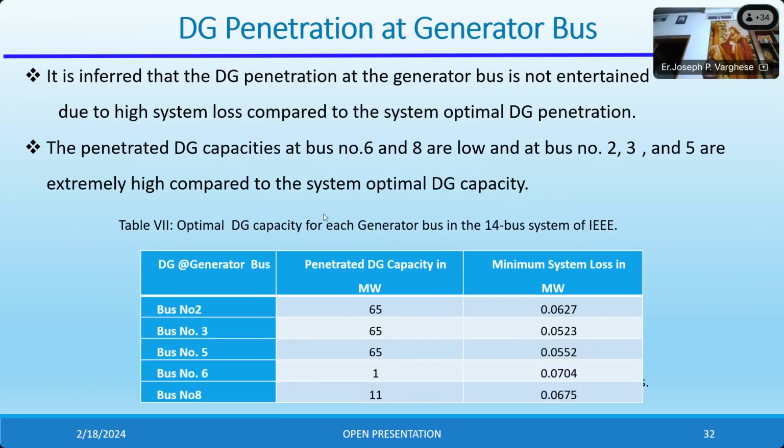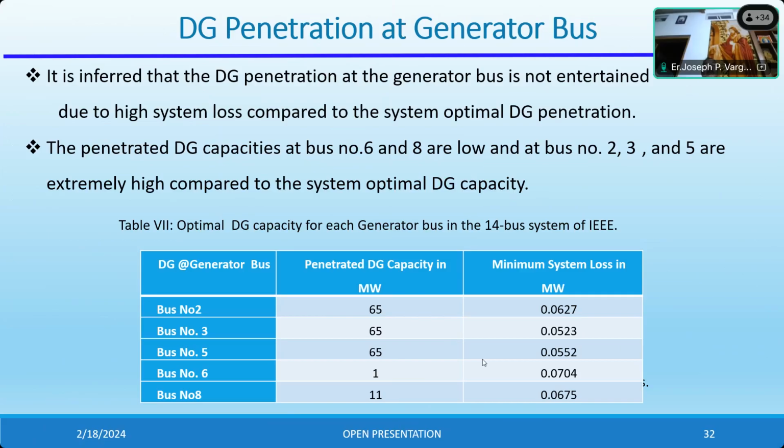Now, we have also conducted simulation studies, and the software we have used is for load flow analysis, to find the effect of DG penetration at generator buses. I told you we have 5 buses in the system. When we place the DGs at the generator buses, we found that the system losses have increased to a very high value.